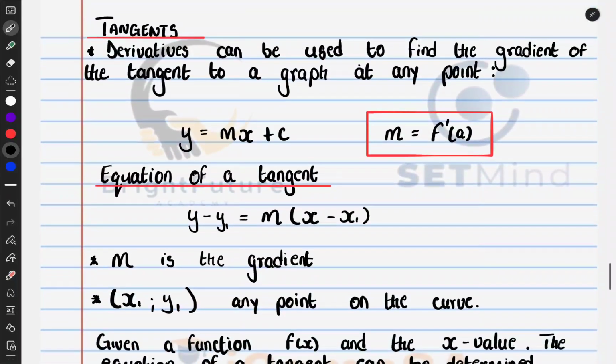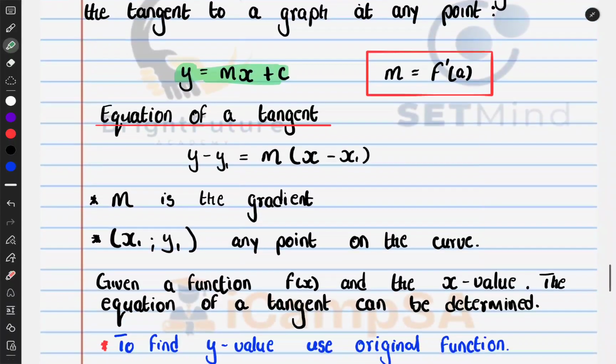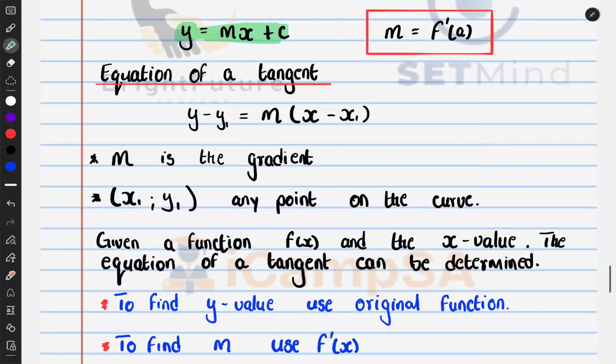We know the equation for a straight line is y is equal to mx plus c, with m being the gradient, so we can now use the derivative f prime, at any point a, to find the gradient of the tangent.